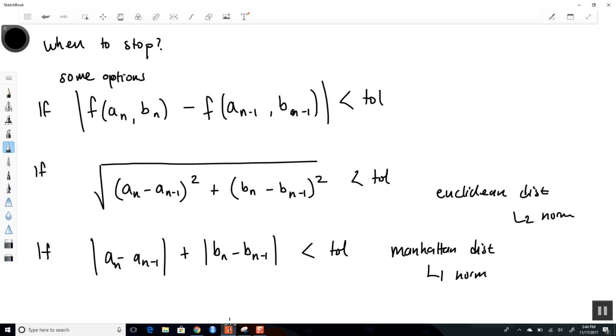Yes? Is this method guaranteed to converge for any initial guess? Let me think. So coordinate descent, no, it's not guaranteed. When it comes to optimization, we have what's known as convex loss functions, which would be least squares.